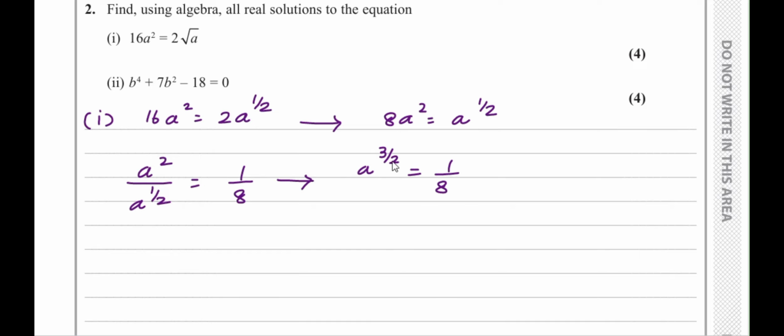Let's square both sides. Squaring, we get a cubed is equal to 1 over 64. And taking the cube root now, a equals 1 over 4.